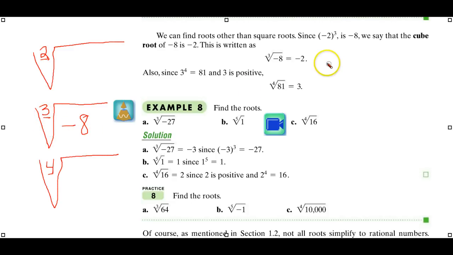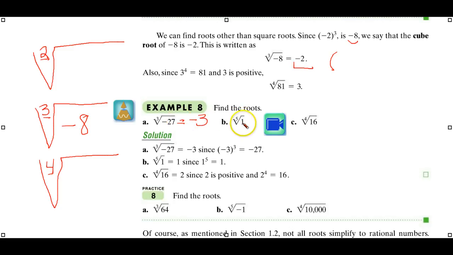Now, if you took this, they're showing you here that the cube root, or the third root of -8, is -2. If you took -2 and cubed it, you would get a -8. So that's what they're looking for. So here they're saying the cube root of -27 happens to be a -3.